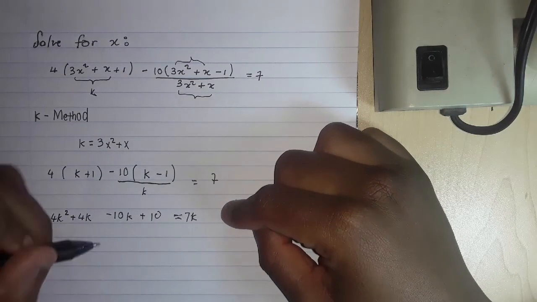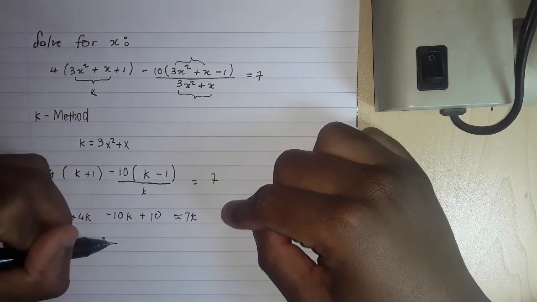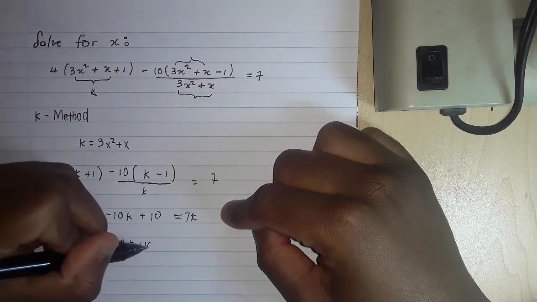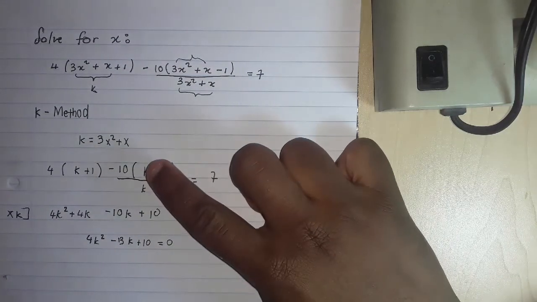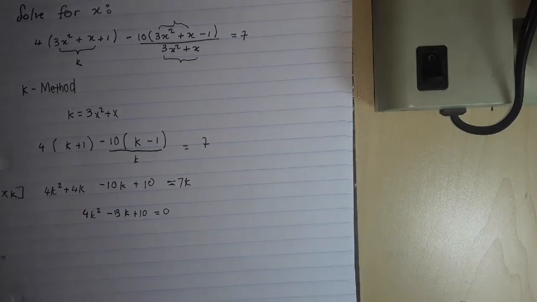So we'll have 4K squared minus 13K plus 10 equals 0. You just have to do the maths here.